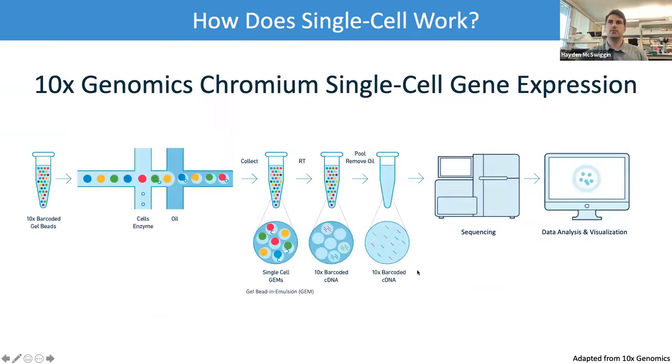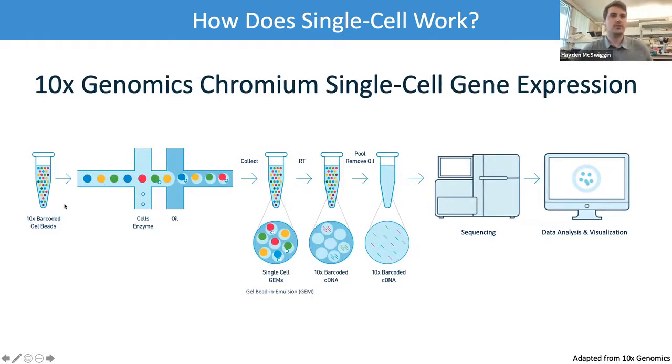So how does this work? The 10x Genomics platform uses a microfluidic device and creates these nano droplets, as I discussed previously. What you're trying to accomplish here is sorting individual cells into these nano droplets so that you can process multiple cells at the same time in parallel.